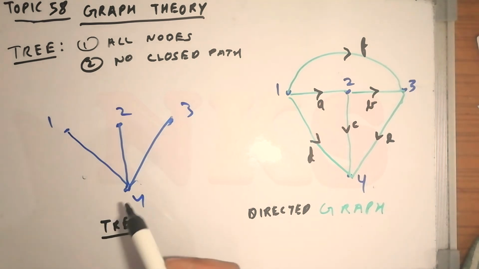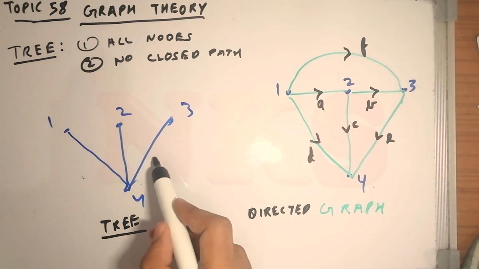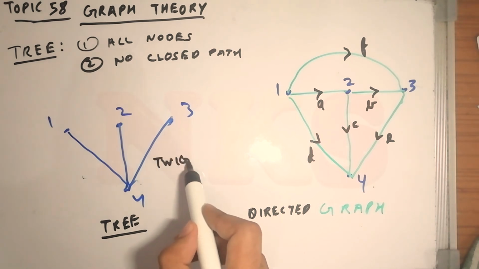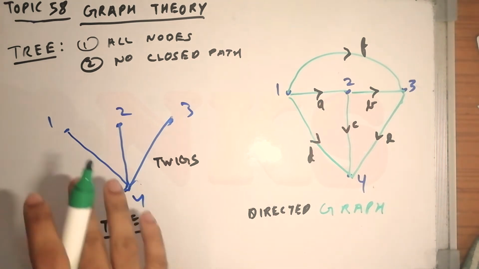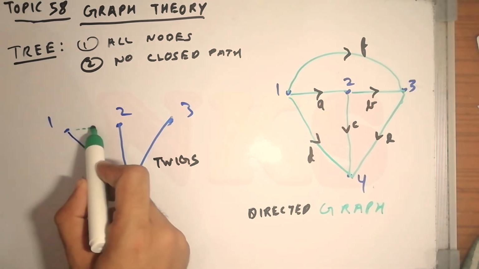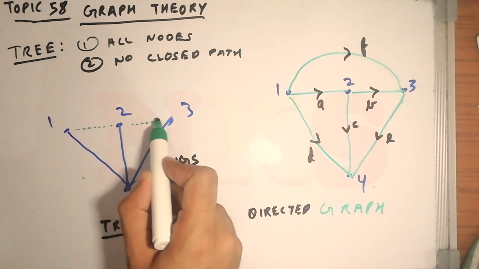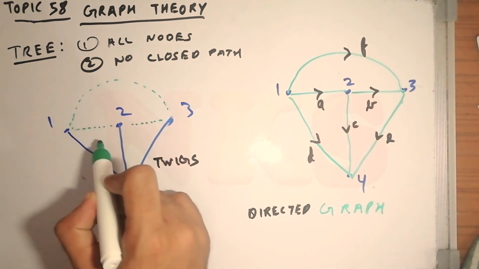For a tree, the branches in a tree are known as twigs. Now this is a tree, and let me draw all the left branches that were not included in the tree.